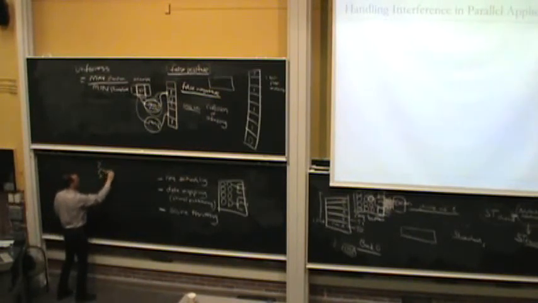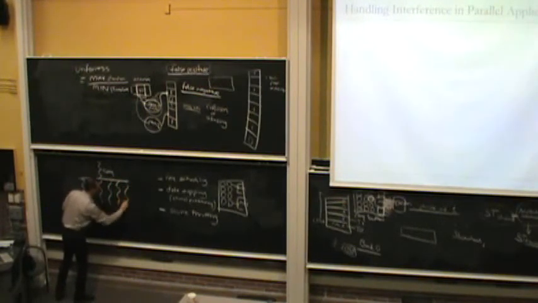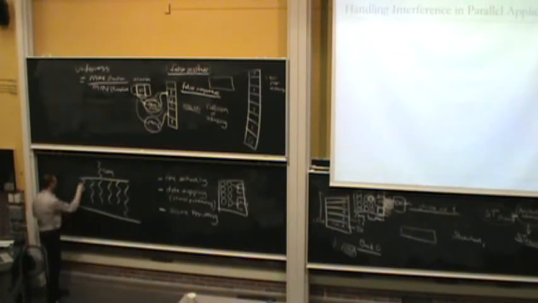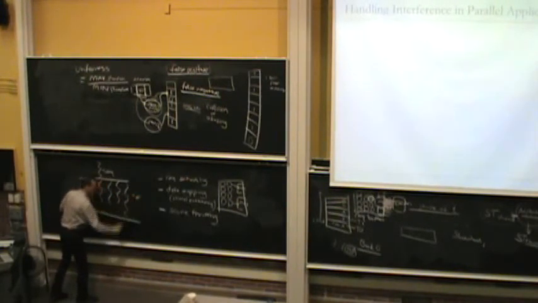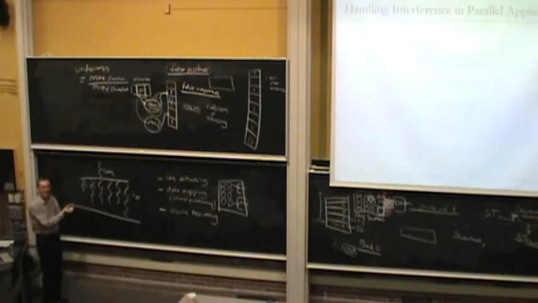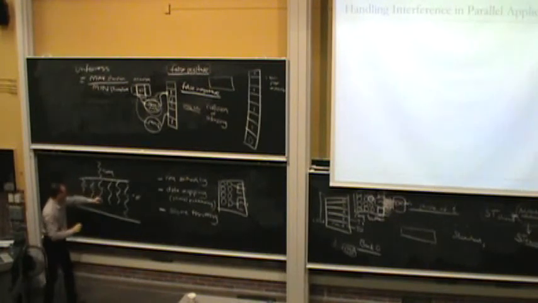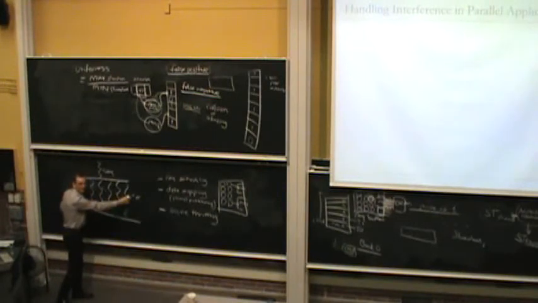You have a sequential portion of your program, and then you launch a bunch of threads that compute things in parallel, and they synchronize in a barrier. Now these threads, thread 0, thread 1, thread 2, and so on up to, let's say, thread 15, are cooperating with each other, trying to solve the same problem. But if they run on a 16-core machine, they're also interfering with each other in the memory system.